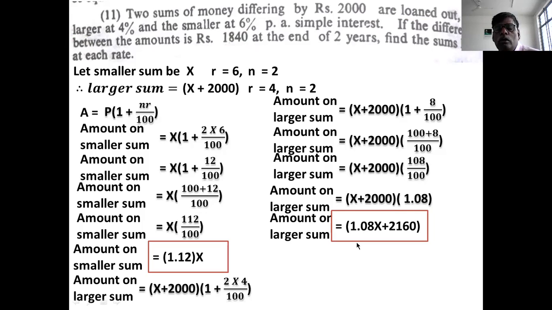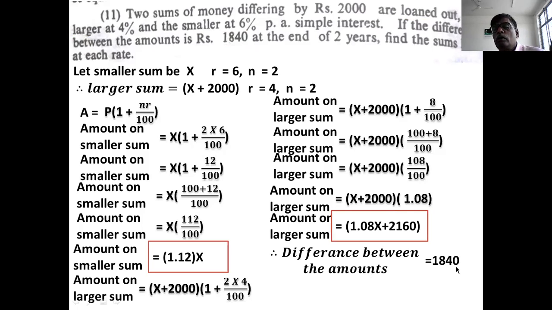The larger amount minus smaller amount is equal to 1840. This is given in the problem.